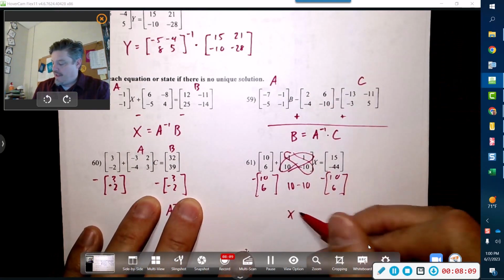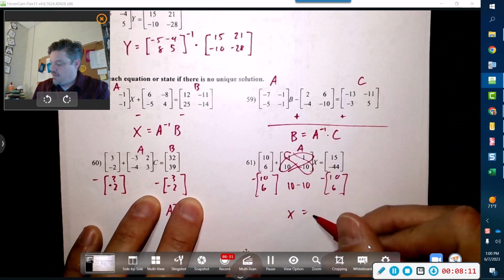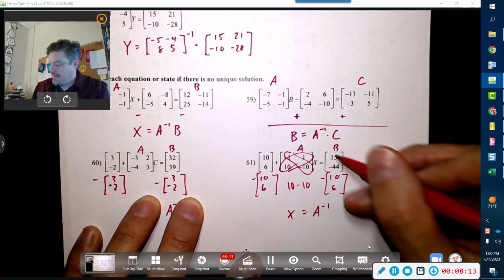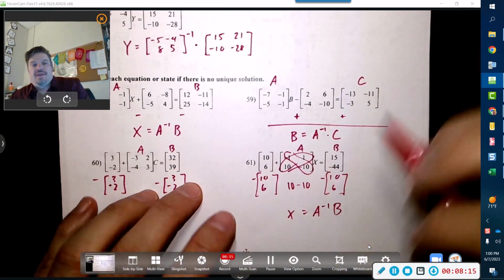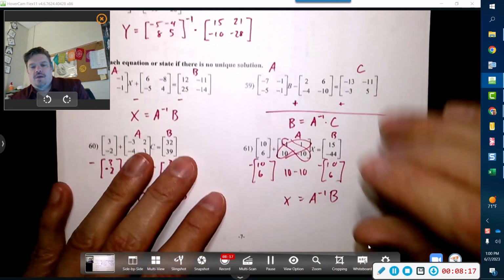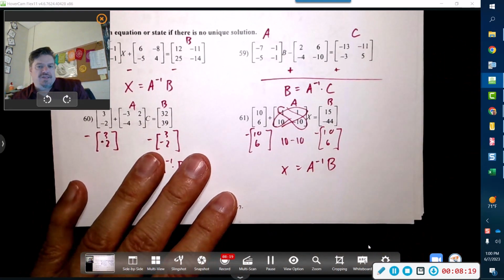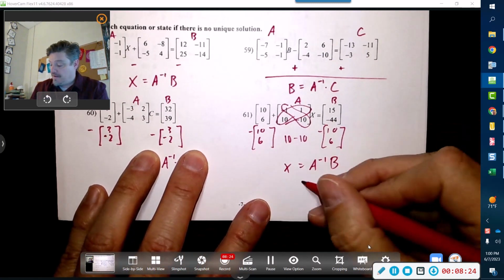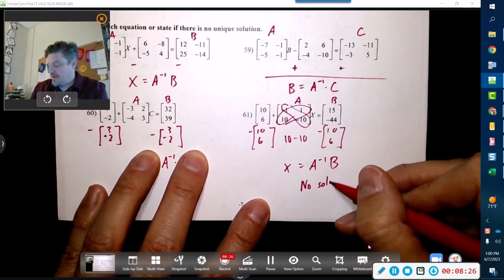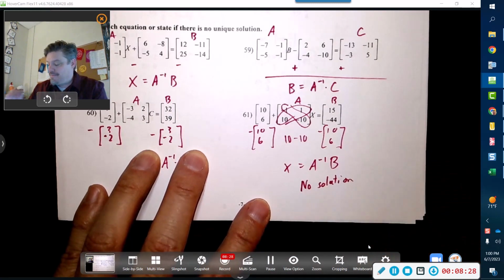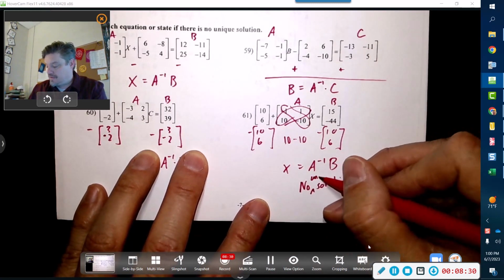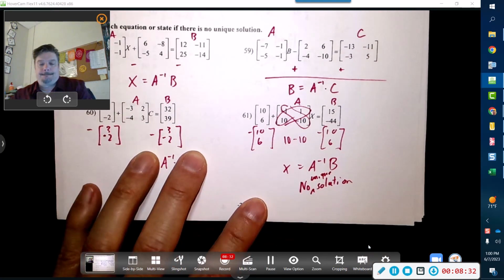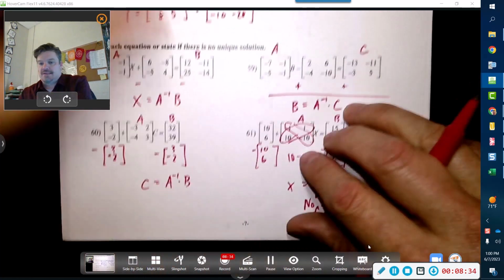So if you typed this into your calculator, you would find that it would say no solution or no unique solution. It's because A does not have an inverse, which means there is no solution. And even better, it's no unique solution.